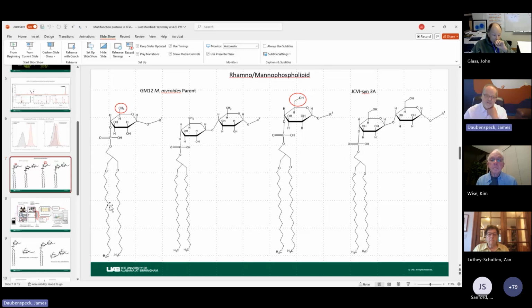Now, we've also looked at databases from Bacillus cereus and some from the gram-positive cocci. And we have found evidence for this molecule in those databases as well. These are publicly available mass spec databases. So we think this molecule is responsible for multifunction proteins, not only in Syn3, but in mycoplasmas and others.